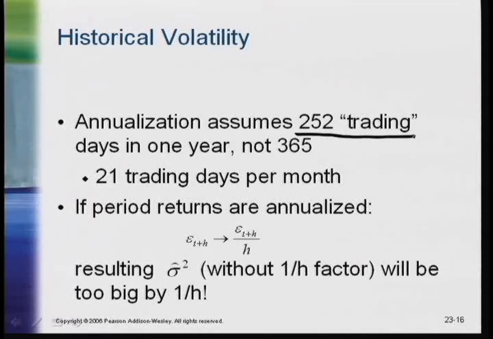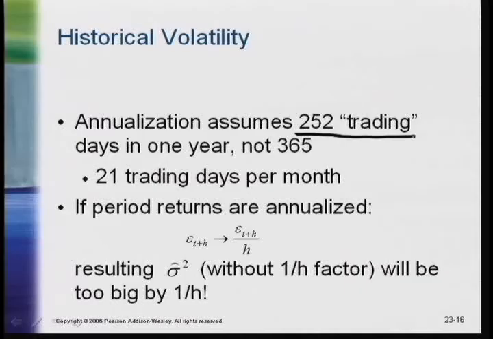And if you look at Friday close to, say, Monday close, you will find that those changes in prices are not nearly what one would expect if you thought that weekend days provided all the same information and all the same price volatility that trading days do. So this is a bit of a compromise, but one that's fairly well accepted and used.